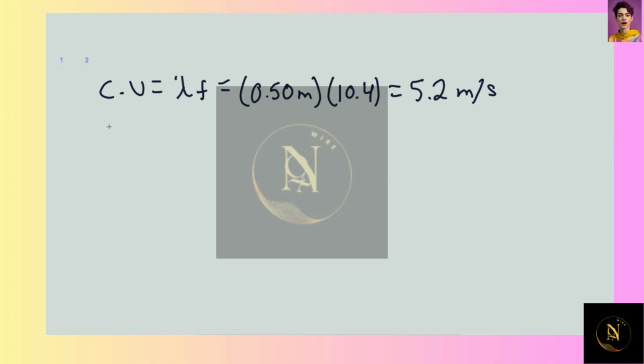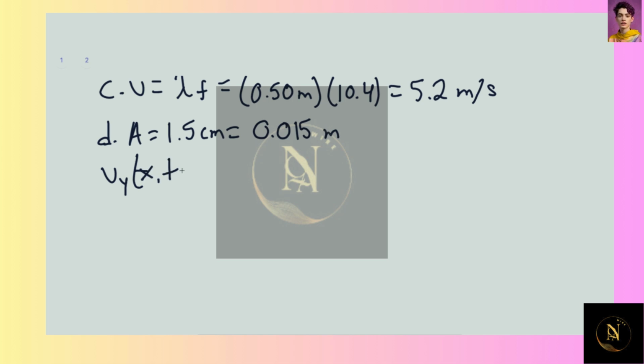And then D is asking us to find the velocity at position 1 and position 3. This is a little bit more complicated. So we'll first find the amplitude. We know the amplitude is going to be 1.5 centimeters or 0.015 meters. And we can say that the velocity Vy is going to be based on x and t.